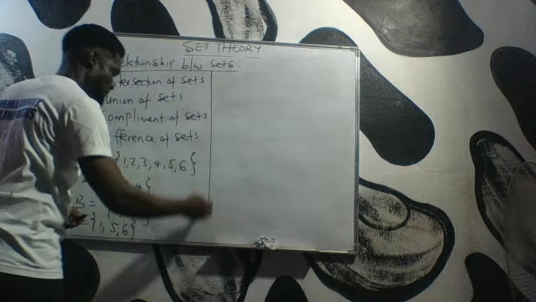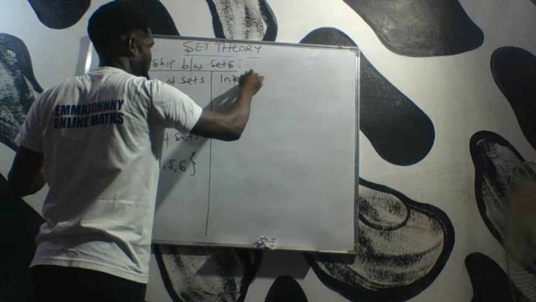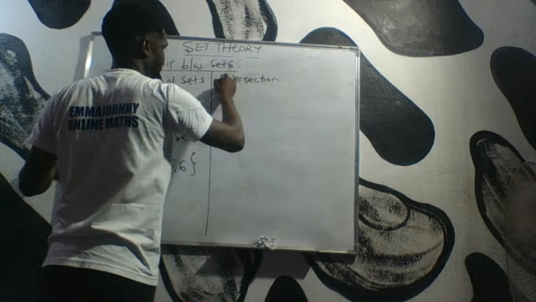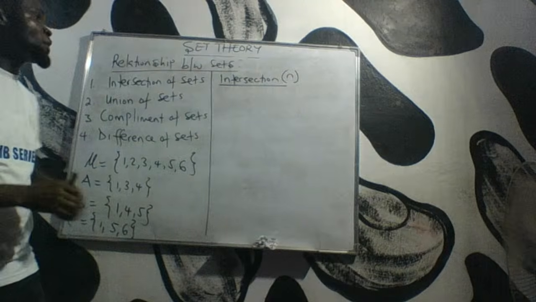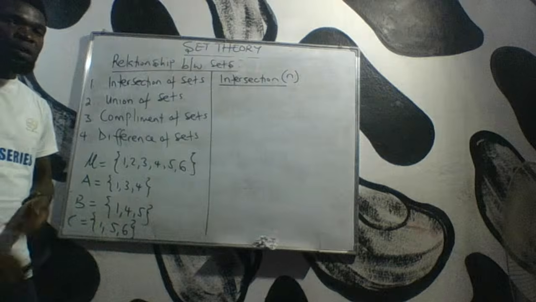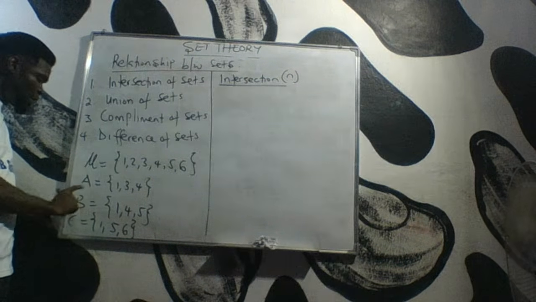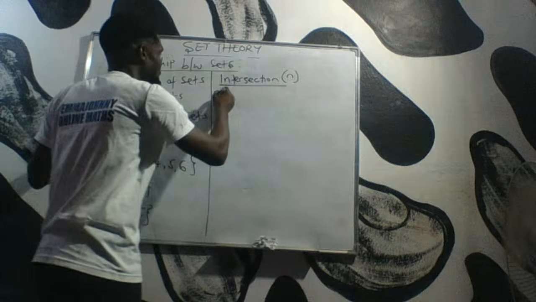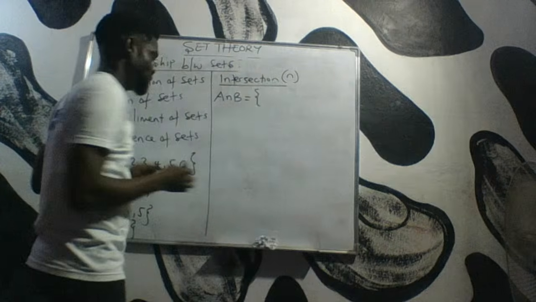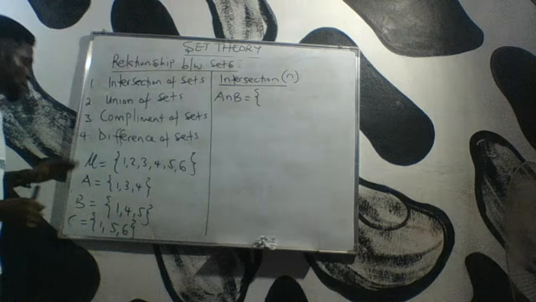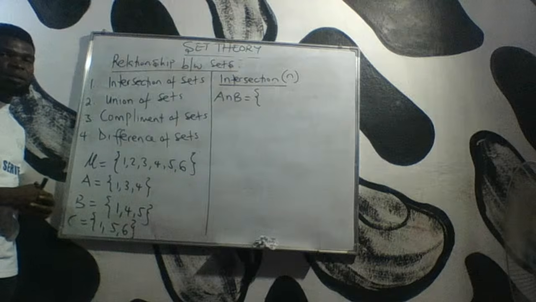Now, let us look at intersection. Intersection, that's the symbol for intersection. So let's take two sets here, A and B, and find the intersection of these two sets. That means that A intersection B is going to be, now question, this is set A and this is set B, and all of them are subsets of the universal set.